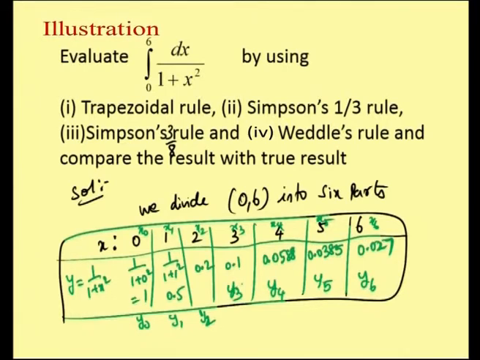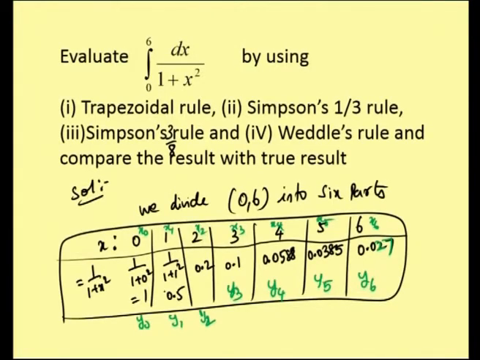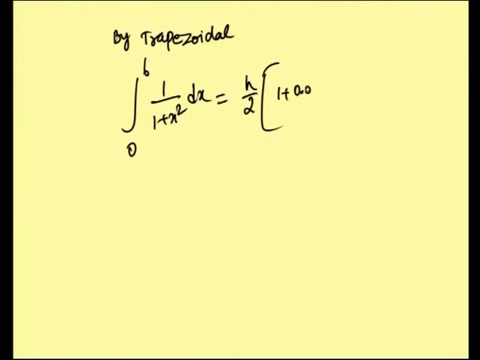Now, first of all, by the trapezoidal rule we have the formula: integral 0 to 6 of 1 by 1 plus x squared dx is equal to h divided by 2 times the sum of the first and last ordinate, which is 1 plus 0.027, plus 2 times the remaining, which is 0.5 plus 0.2 plus 0.1 plus 0.0588 plus 0.0385.